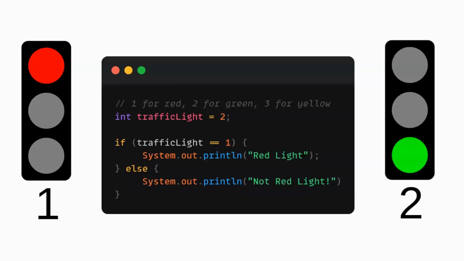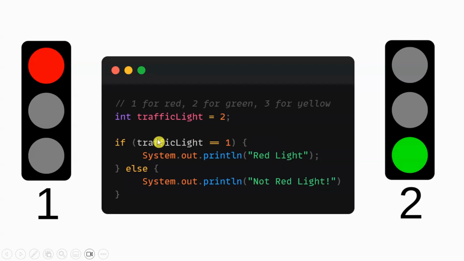Now, if I want to look into two conditions, we're not looking into three conditions yet, red, green, and yellow, but I just want to identify whether the traffic light is red or not red, as you can see here.